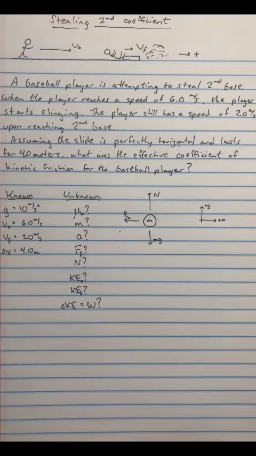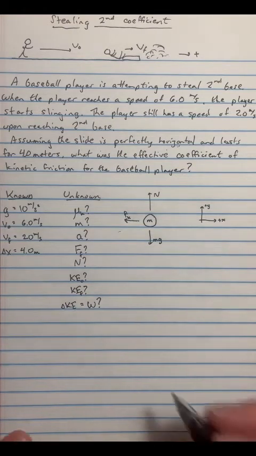That's the first law of motion. But that's not a force, and it doesn't belong in a free body diagram. So there is no force driving the ball player forward. Once the ball player, say, jumps down to start the slide, there's no force going forward in any part of this problem. So during the slide, these are the three forces at play.